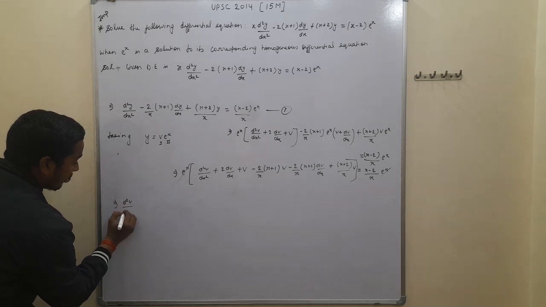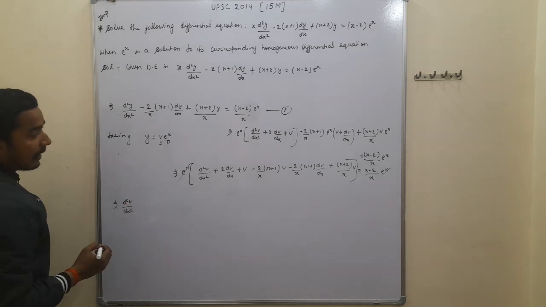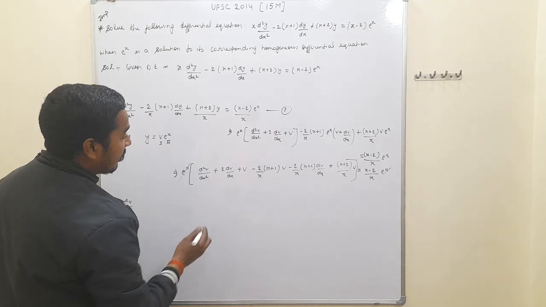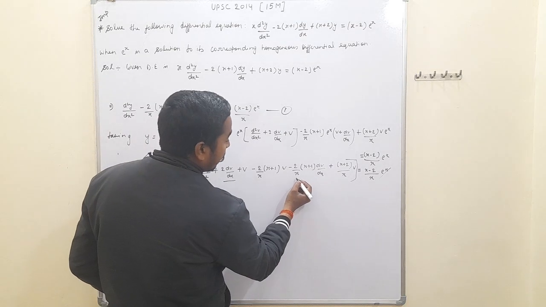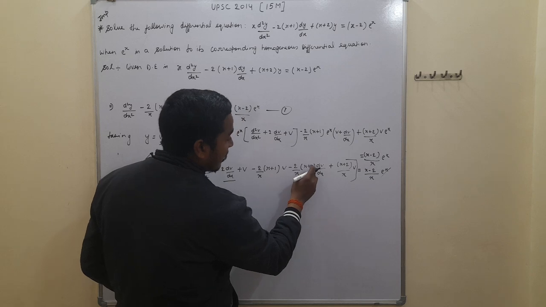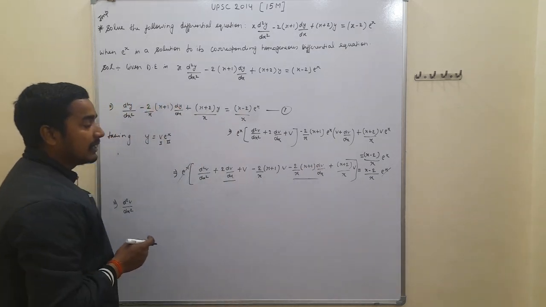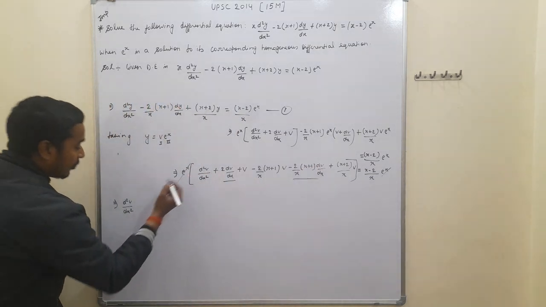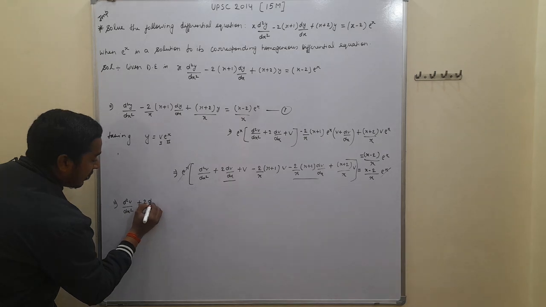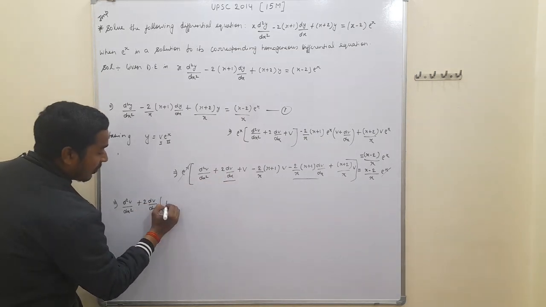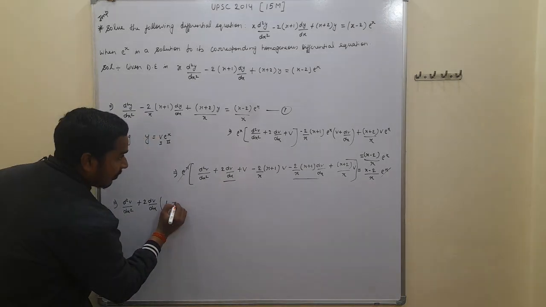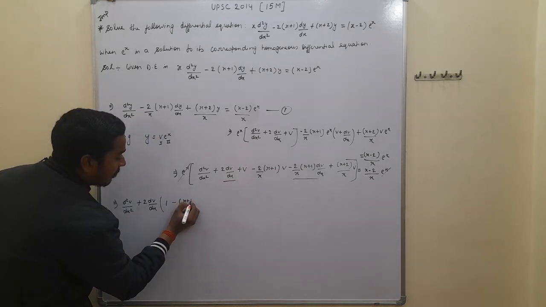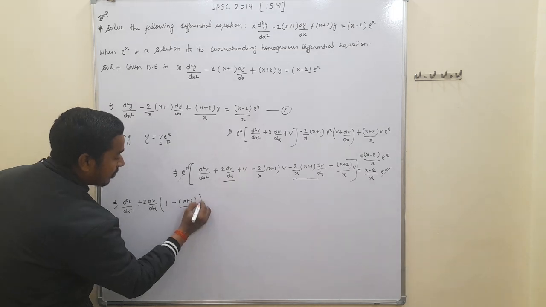This is given by d²v/dx², and we have to solve from here, taking first 2 dv/dx and minus 2/x into (x + 1) dv/dx in one bracket, taking plus 2 dv/dx common here, remaining is 1, and here is once again minus (x + 1)/x.